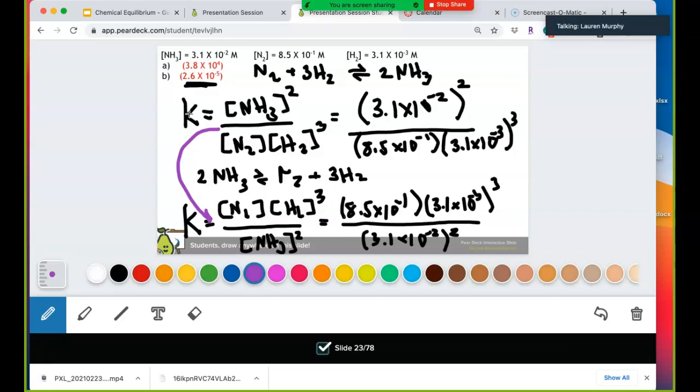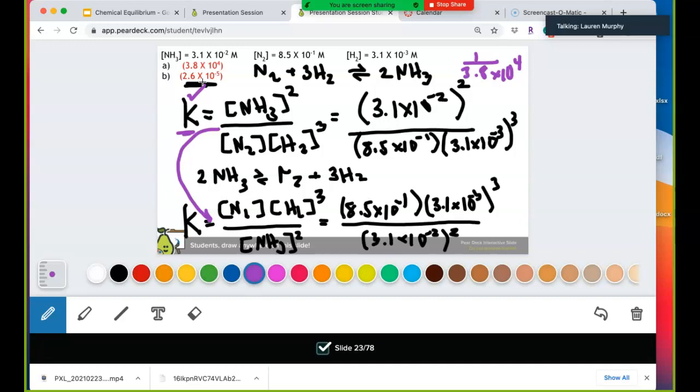So if you know the K value for the first reaction, and you're going to flip the first reaction, you can just flip the K value, meaning 1 over this K value will give you the second one. So if you were to take 1 over 3.8 times 10 to the 4th, you can know the K for the second expression.